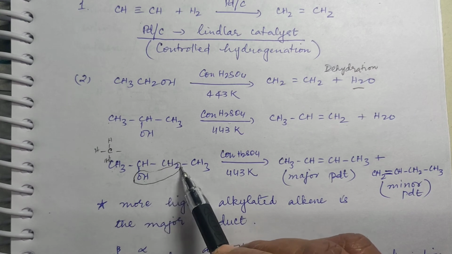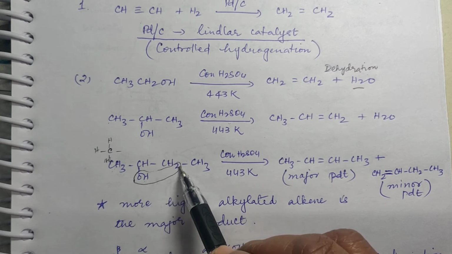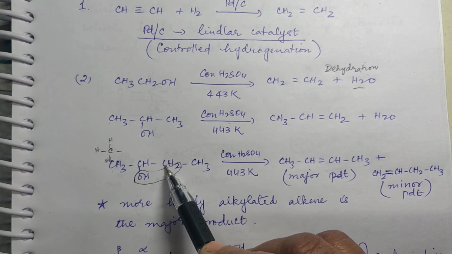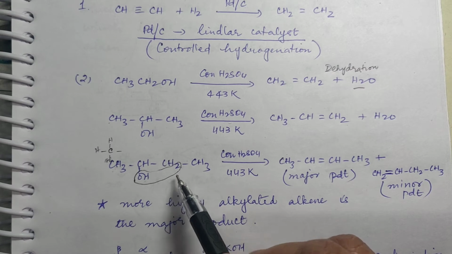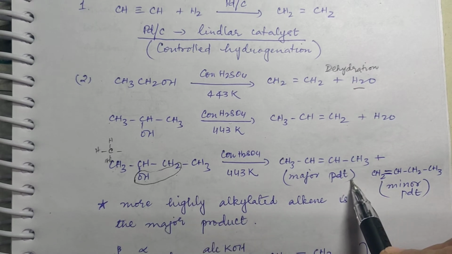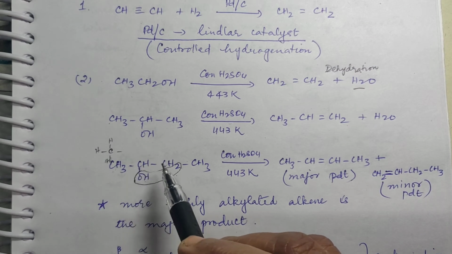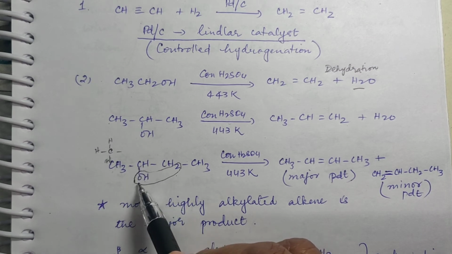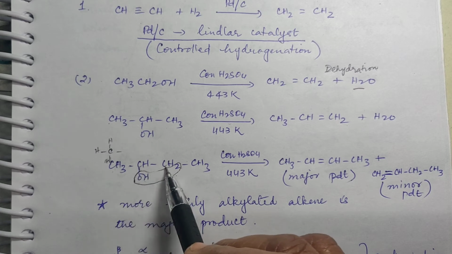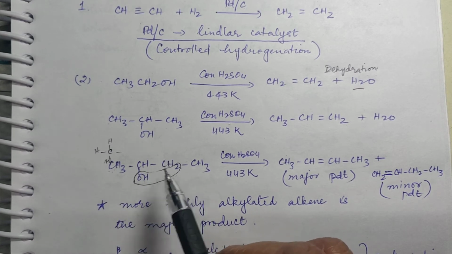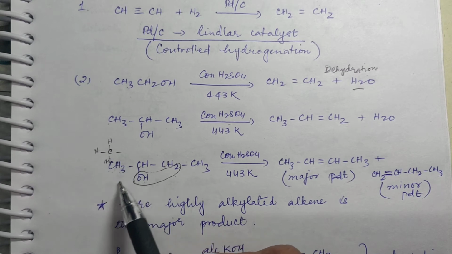the hydrogen that is removed from the carbon which is less in number in terms of hydrogen is giving you the major product. Look, this carbon which is holding the OH is surrounded by two other carbon atoms. Now this carbon is having 2 hydrogen and this carbon is having 3 hydrogen.